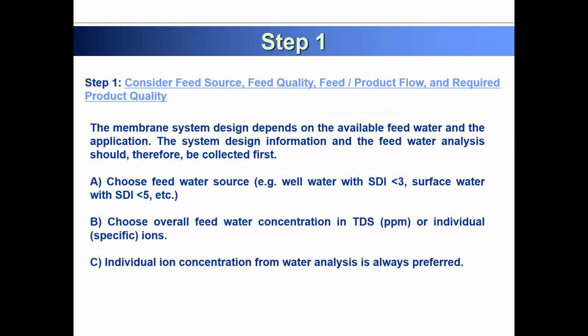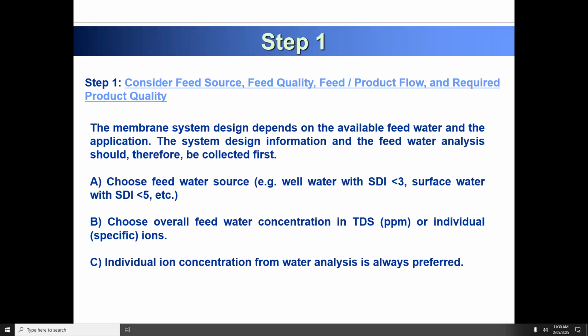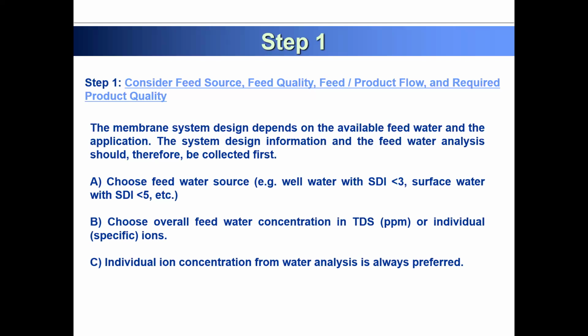So choose the feed water source: well water with SDI 3, surface water with SDI 5, and choose the overall feed water concentration in TDS or individual ions. The individual ion concentration from analysis is always preferred because you can target how much concentration of individual ions will be removed in our software.